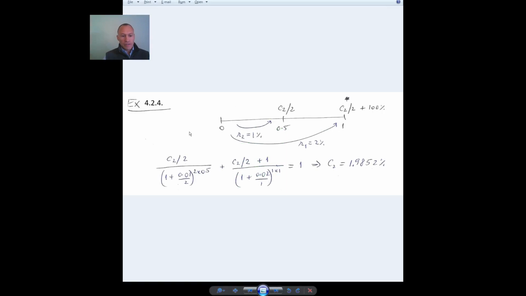So again, the idea is the following. We are going to determine the coupon rate, which will be a C with a compounding frequency of 2, because the swap calls for semi-annual payments, such that the value of this fixed rate bond is equal to par, to 100%. So it is just a simple pricing equation.